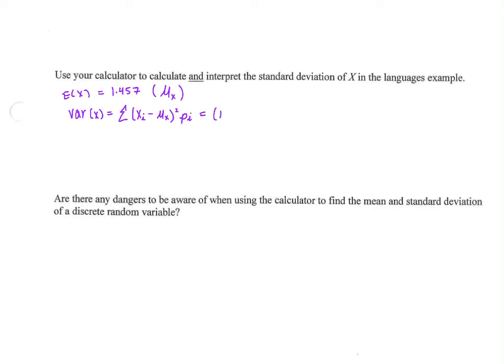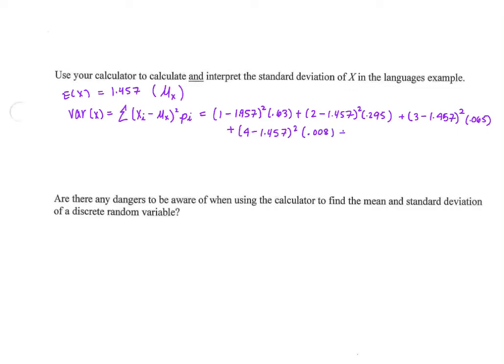So we've got one language minus 1.457 squared times the probability they speak one language, plus two languages minus 1.457 squared times the probability they speak two languages, plus 3 minus the mean 1.457 squared times the probability they speak three languages, plus 4 minus 1.457 squared times the probability they speak four languages, and then plus 5 minus 1.457 squared times the probability they speak five languages.